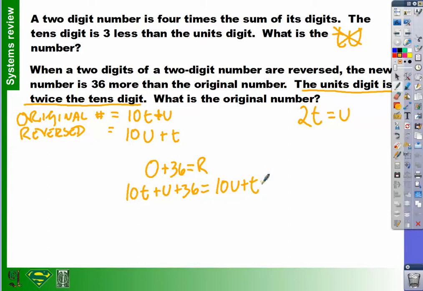So right now, I want you to simplify that. To simplify it, we want the t's and the u's together. So we are going to subtract 10u, and I'm also going to subtract t from both sides.